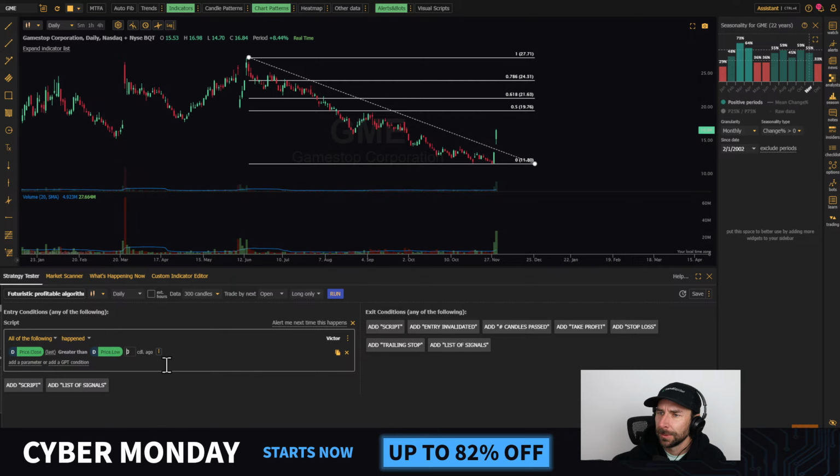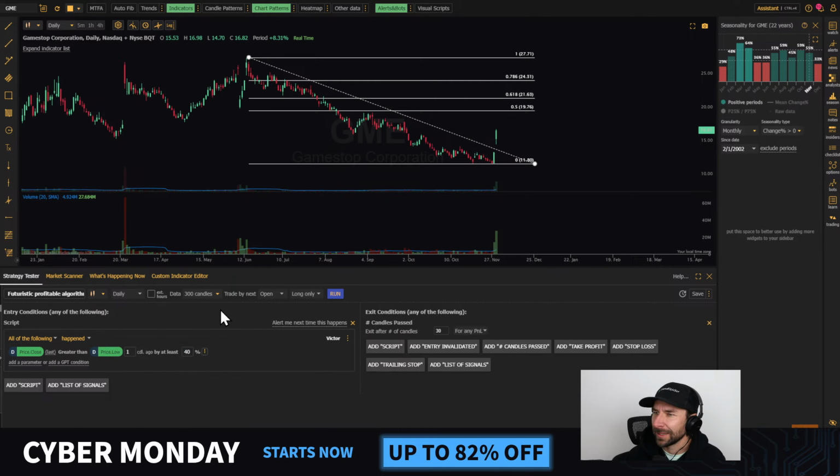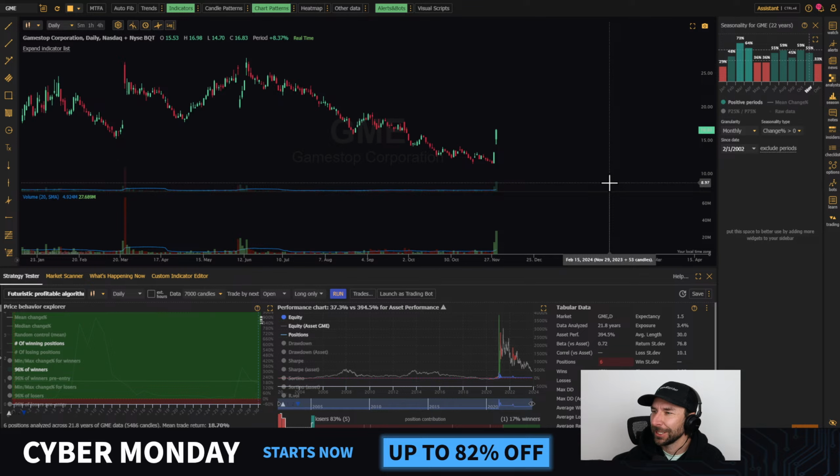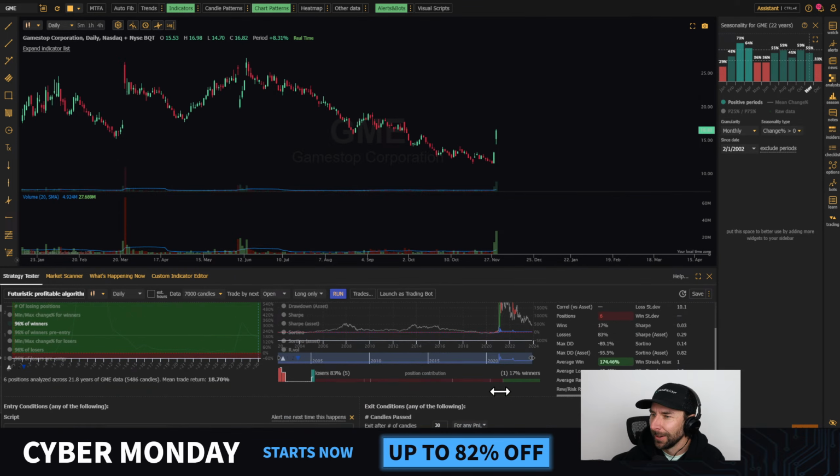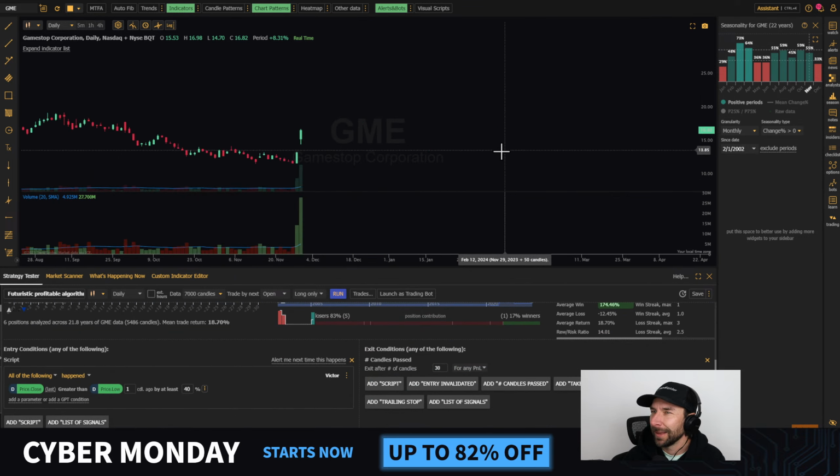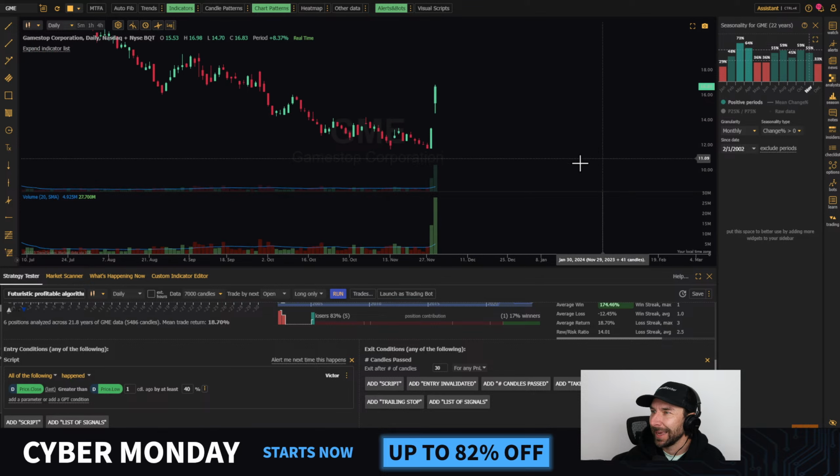Low, one candle ago, by at least 40%. Let's look out 30 days. Now, it's not going to take this position yet. Essentially, I'm just looking for instances where we close 40% higher. That doesn't mean we're going to close there today, but technically speaking, as of right now, we're 41.54% above yesterday's low.